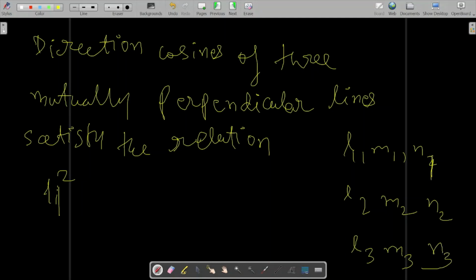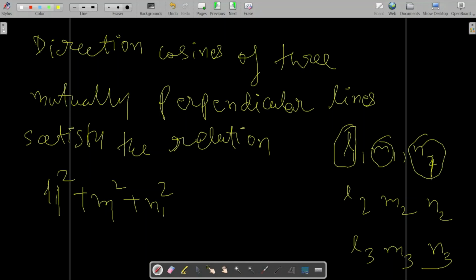So what will be the relations? You know this very well, that when the direction cosines L1 M1 N1 are squared and summed together, it is going to be 1 by the property of direction cosines.